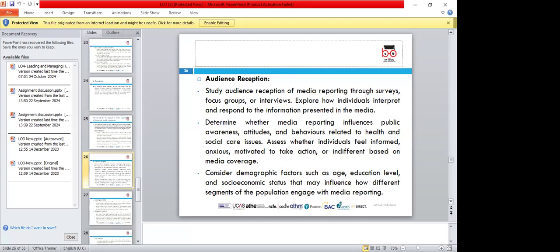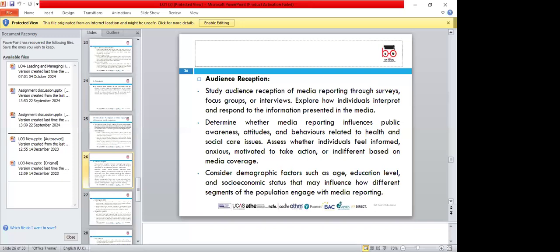So again, you are determining whether the media reporting influences public awareness. Yes, it does. Your attitudes, it does, 100%. Then you have to assess whether individuals feel informed, anxious.